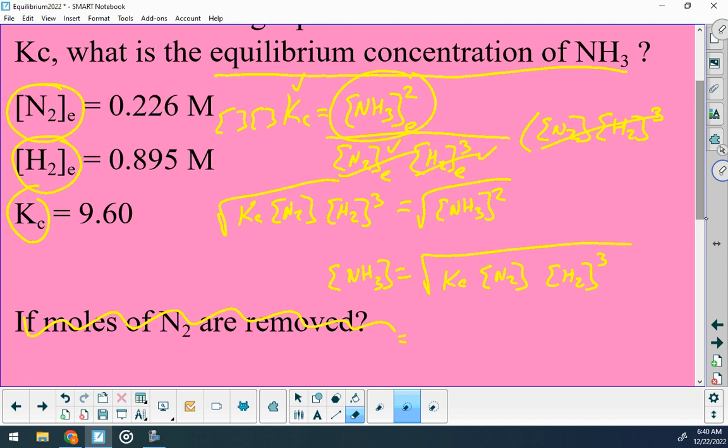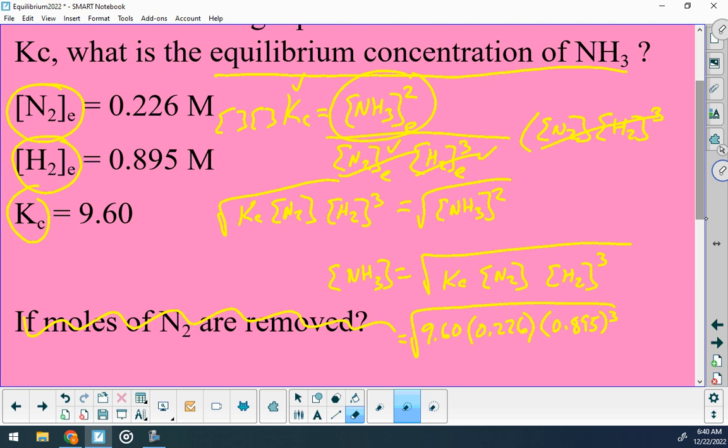So this would be equal to the square root. What's my Kc? 9.60. What's my concentration of N2? 0.226. And what's the concentration of H2? 0.895 cubed. All right, so let's get out our calculator.